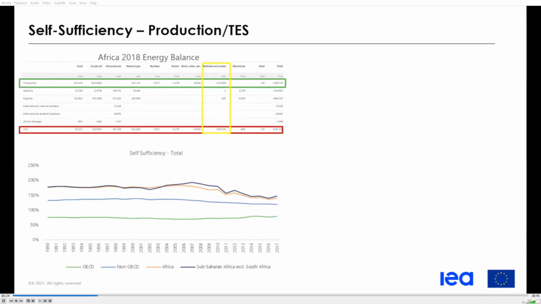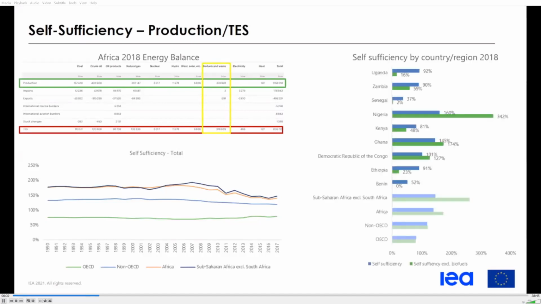In sub-Saharan Africa, a very high self-sufficiency rate is due to the top oil producers. Now, if we compare the self-sufficiency by country, we see that again there are differences because of biofuels and waste.